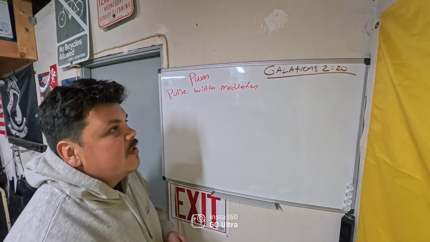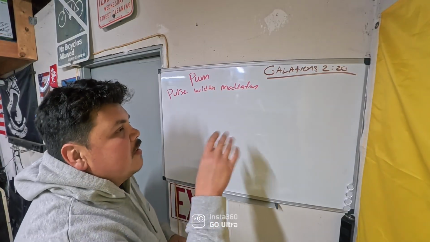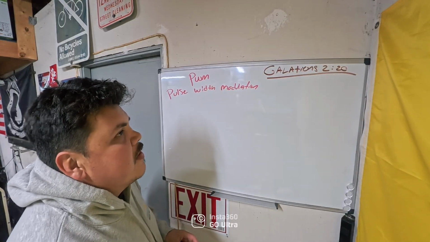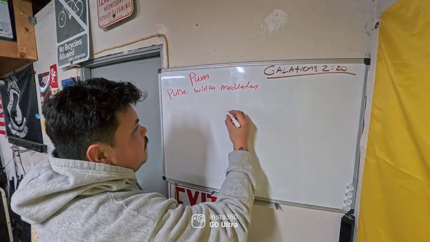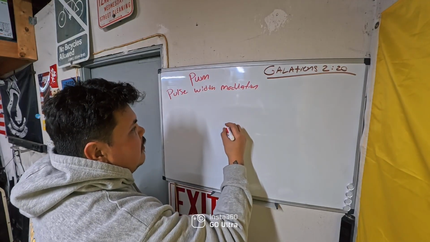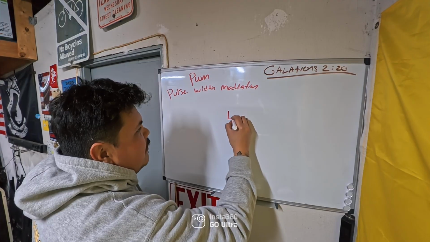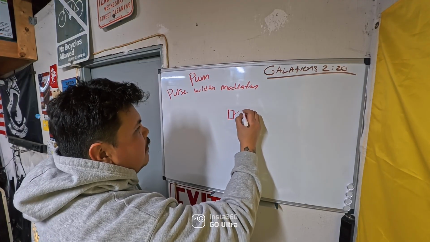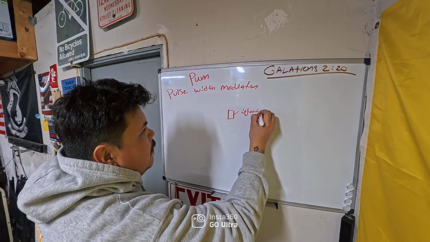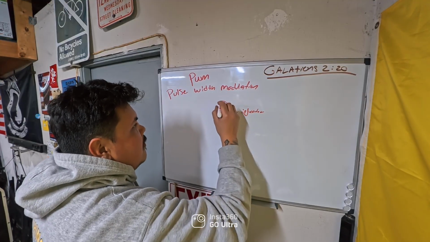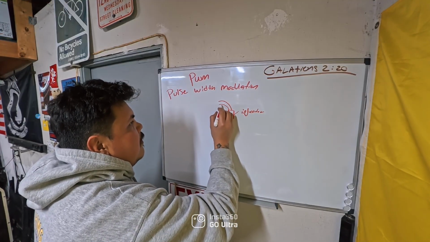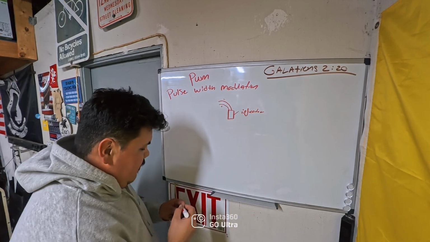So all pulse width modulation is the controlling of current flow on and off. We'll say a fuel injector has two wires, power and ground, or positive, negative.